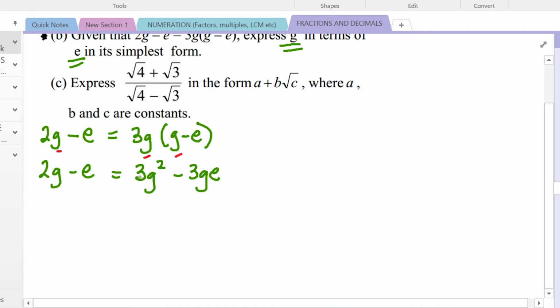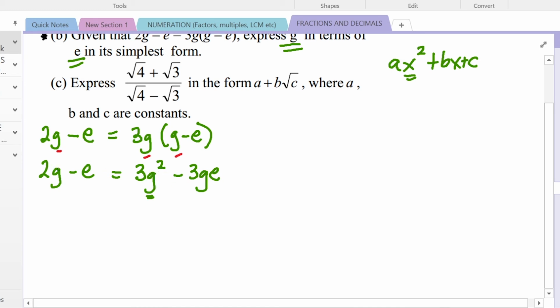Now you realize that when we said 3g squared, this g squared means that this expression is now going to become a quadratic expression. We know quadratic expressions have their highest power to be 2, ax squared plus bx plus c. So if we have a squared term, 3g squared, this is a quadratic expression.